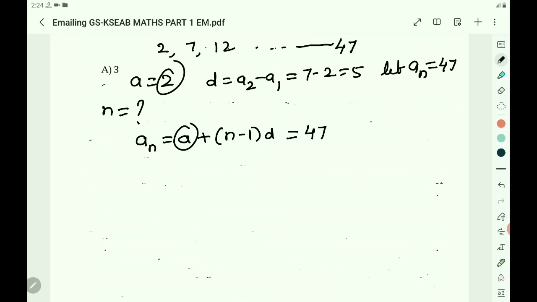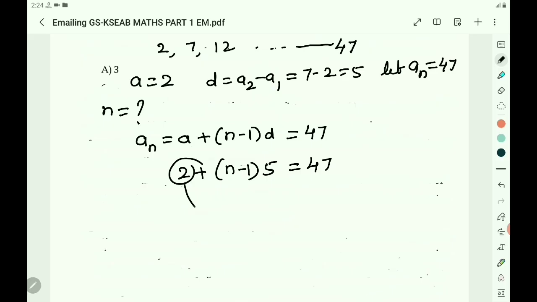A is 2 plus n minus 1, d is 5, equals 47. Transfer this 2 to the RHS: n minus 1 into 5 equals 47.